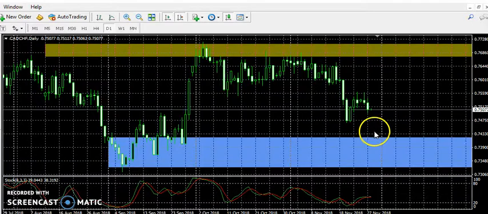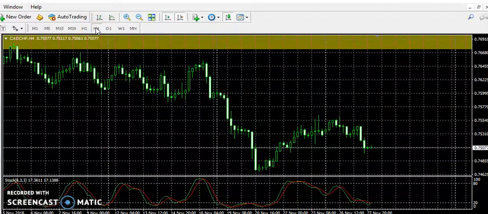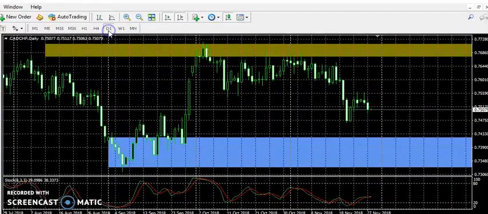If this created a lower low, then we can initiate a downtrend because we had lower time frame supply created. So we have to just wait. We have to wait and see.